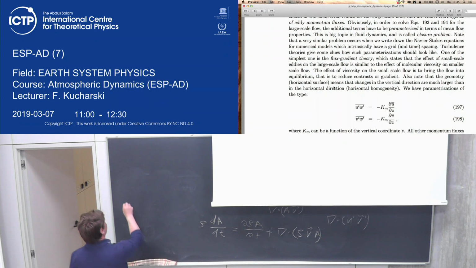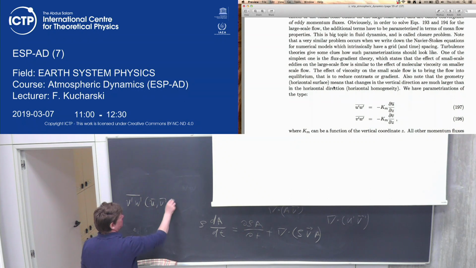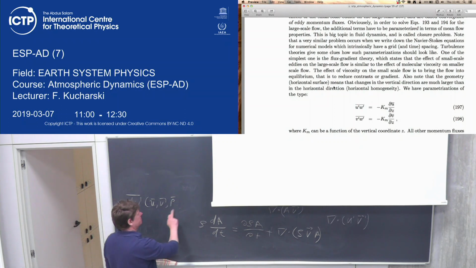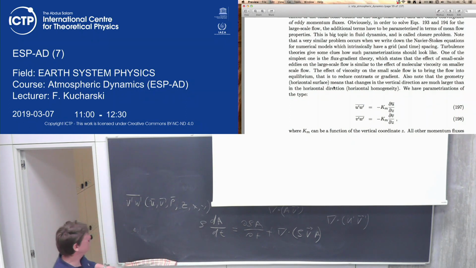Otherwise we haven't gained anything. So U prime W prime bar, we want to have as a function of U bar, V bar, whatever. Any mean state quantities. It could also depend explicitly on height and on X and on Y, which could be complicated, but if we have such a formulation that doesn't depend on any prime quantities, we can evaluate what this should be.